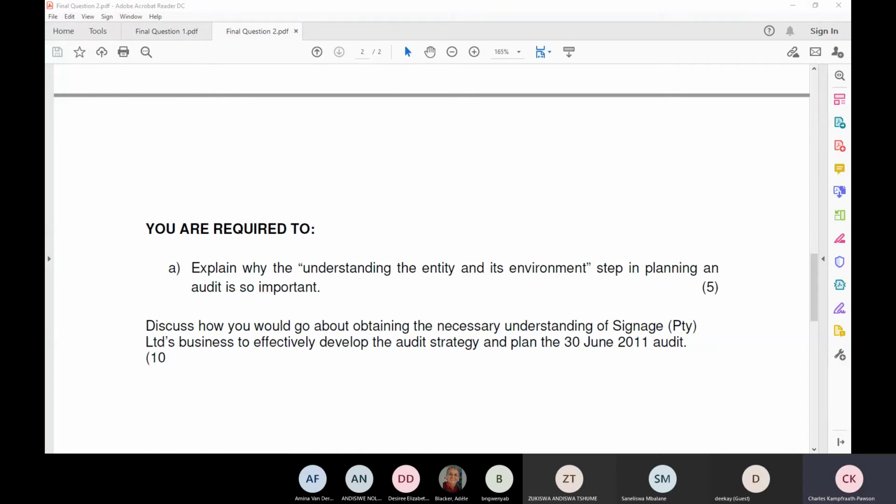What else do you need to have a very good understanding of? We need to understand how things work. In other words, we need to understand how the accounting system works, what accounting system they use, as well as internal controls.